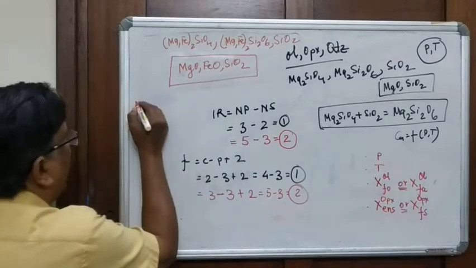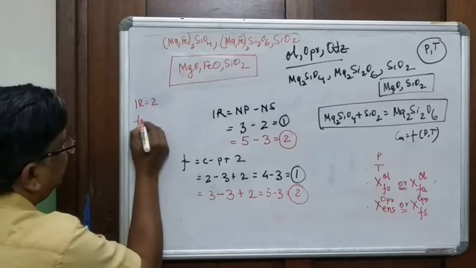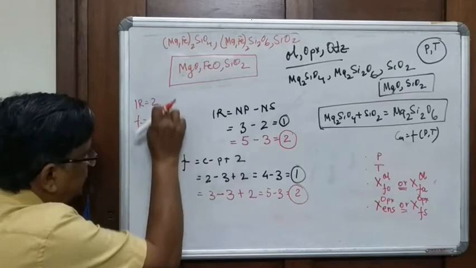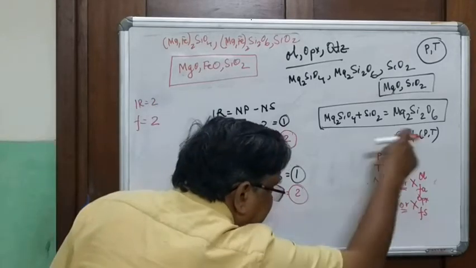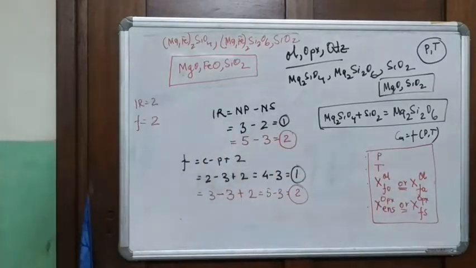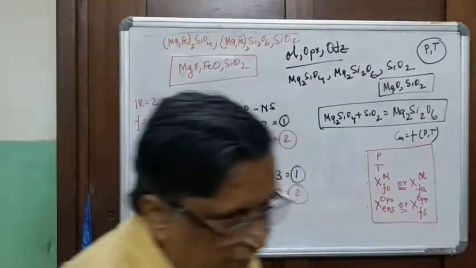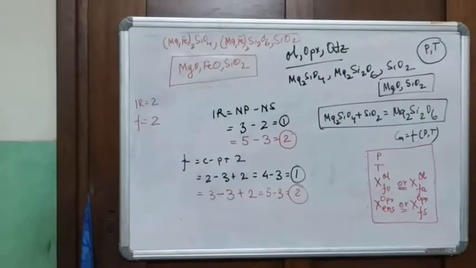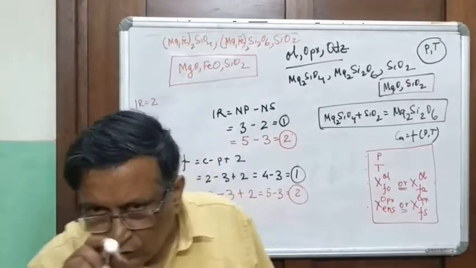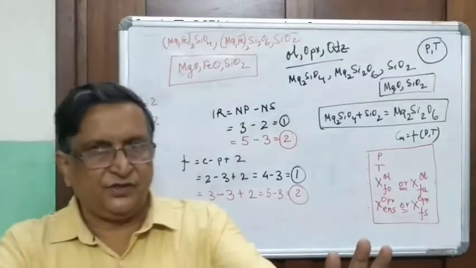So, IR is equal to 2, F is equal to 2, and these are the metamorphic variables that are there, which we need 4 reactions. So if you have to find out 4 variables, you need 4 reactions. But your system says, out of the 4 reactions, you have 4 variables, but you have only 2 independent reactions.